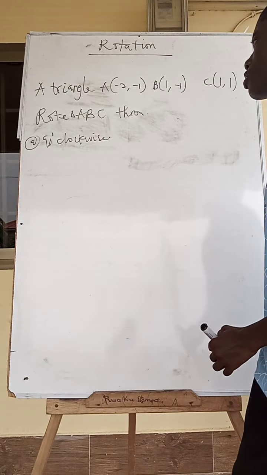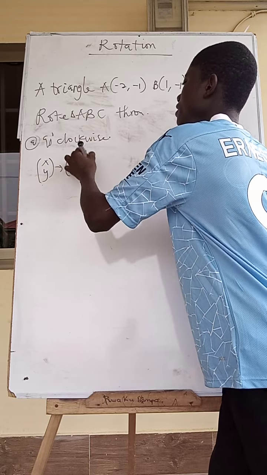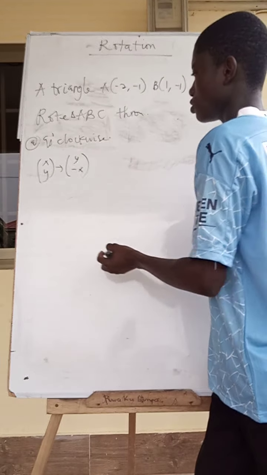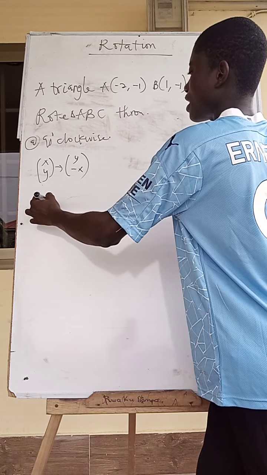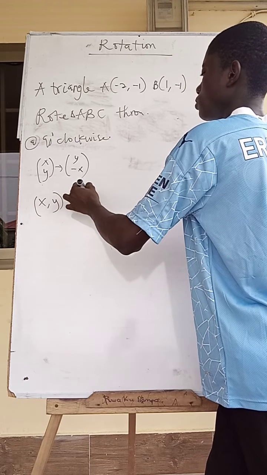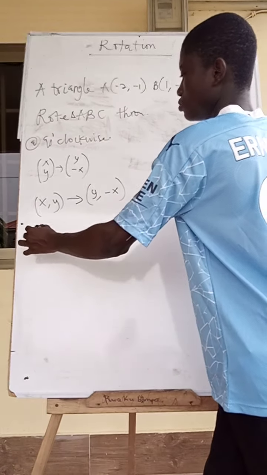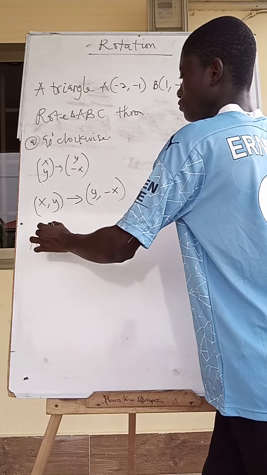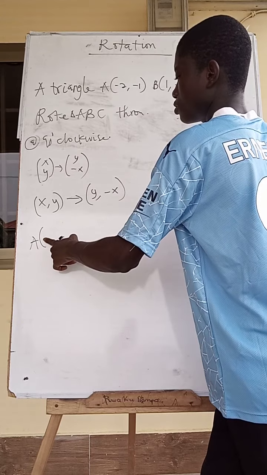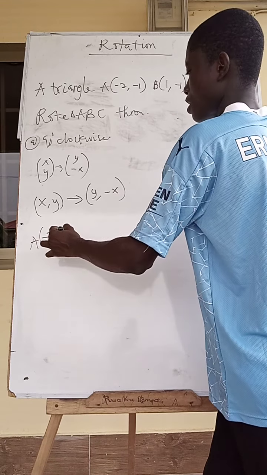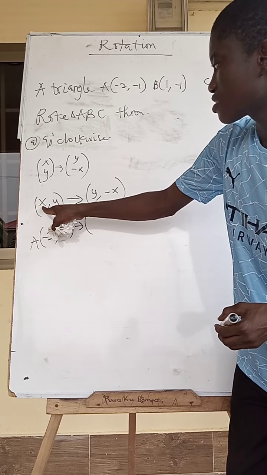90 degrees clockwise. So you quote your formula, x, y maps to what? y, negative x. So you just write your formula, x, y maps to y, negative x here. So if you take A, negative 2, negative 1, it will now become, x, y.